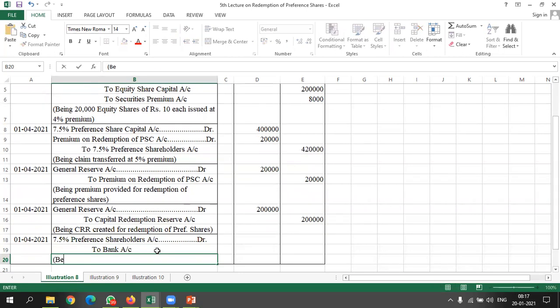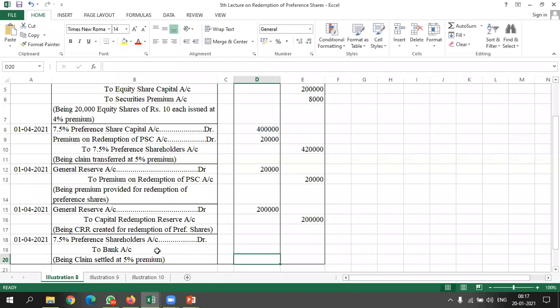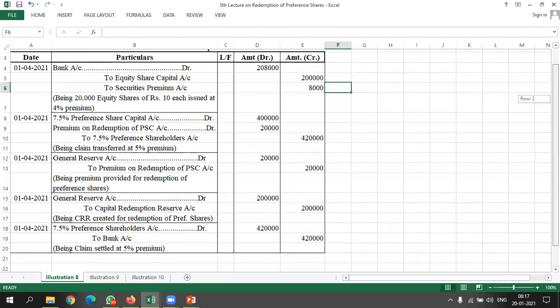Narration will be: being claim settled at 5% premium. So the amount is 4,20,000. So this is how your entire problem looks.